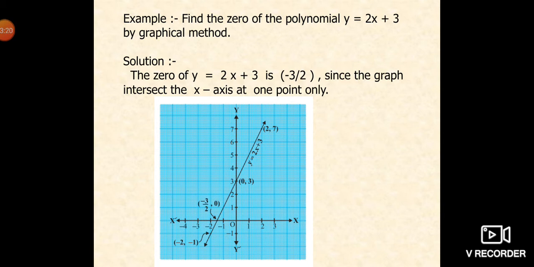Here 4 points we can see: 1 point in the quadrant (-2, -1), 1 point on the x-axis (-3/2, 0), 1 point on the y-axis (0, 3), and another in the quadrant (2, 7). So the zero of the polynomial means the point on the x-axis, that is (-3/2, 0). Therefore the zero of the polynomial y = 2x + 3 is -3/2.